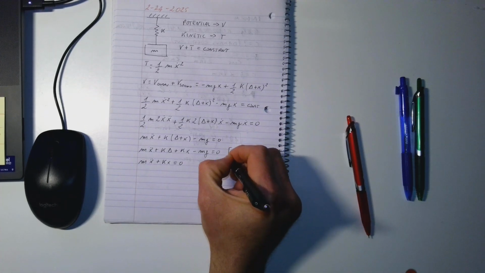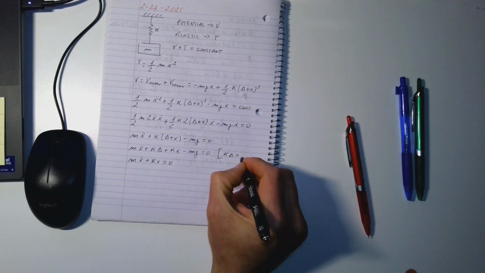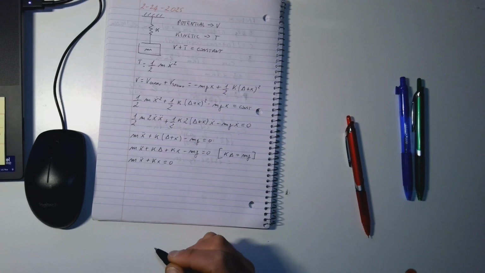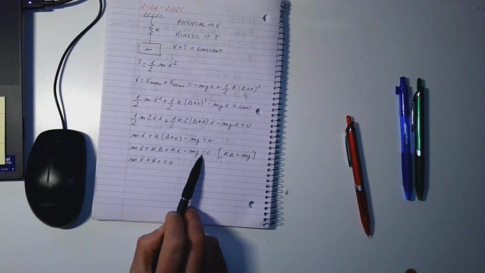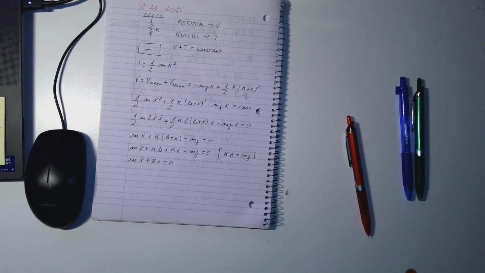Here I'm going to put between parentheses that k delta is equal to mg for the static equilibrium. So if we introduce this, our equation can be simplified and becomes like this: m x double dot plus kx equal to 0.